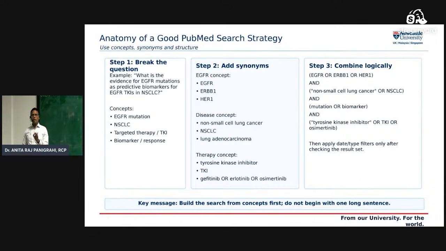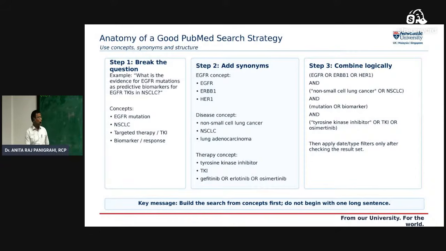Because this is the most important. If the search strategy string is not correct, that means the literature review is not correct, so the research gap is not correct, the research hypothesis is not correct, and the research objectives are not correct. The entire thing is wrong.